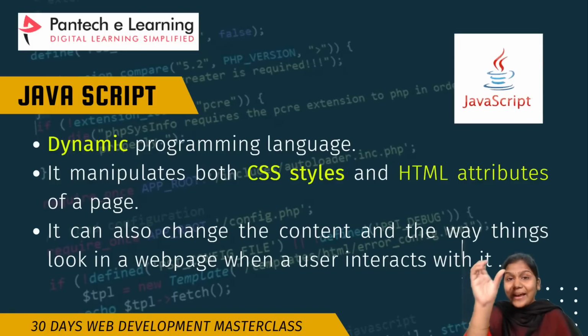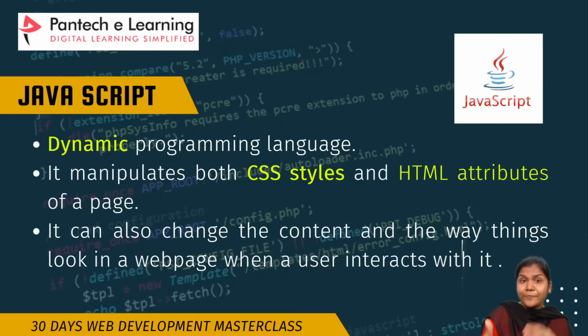When we create a web page, we will have the title of the page, header, paragraph, or images, which are HTML attributes, and for customization we use CSS. For manipulation of these two files, JavaScript is going to help us.